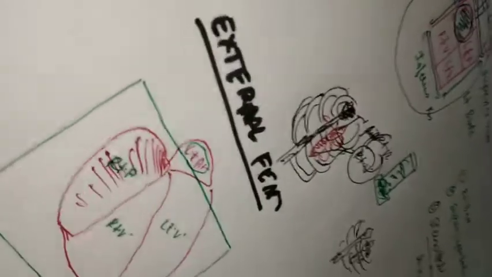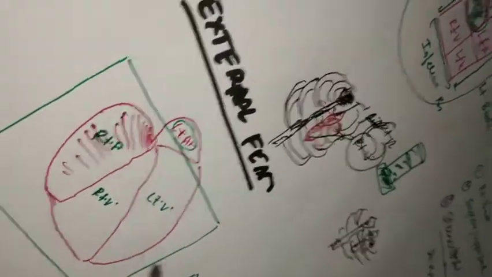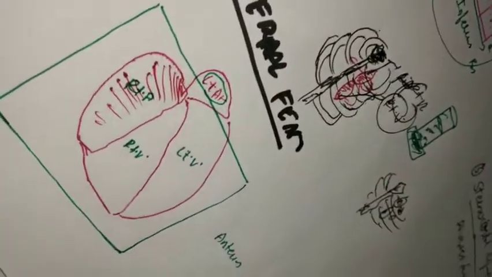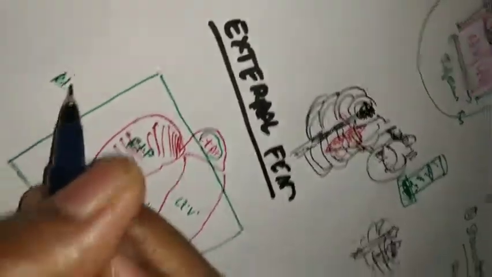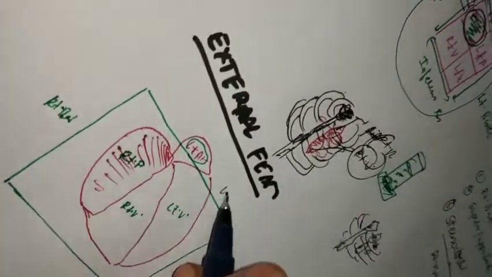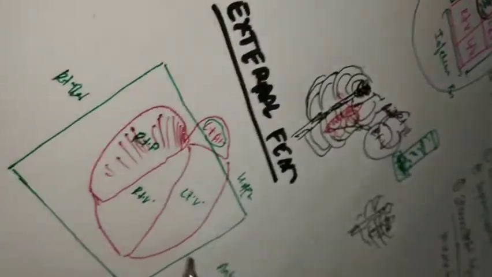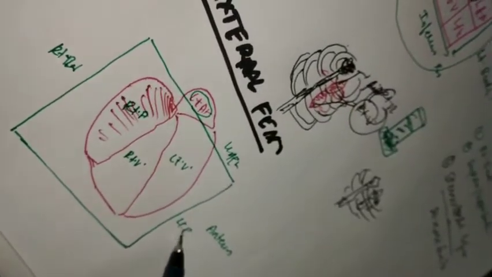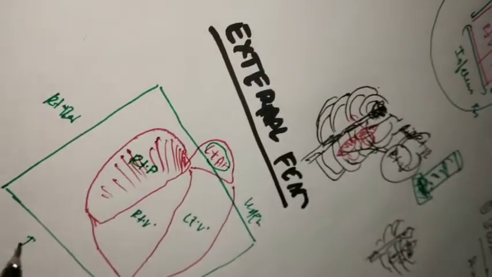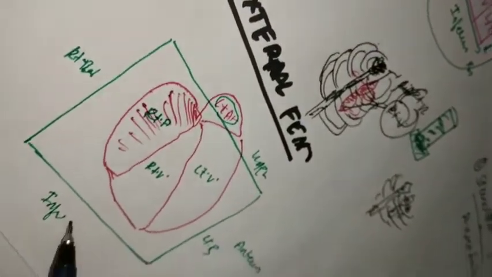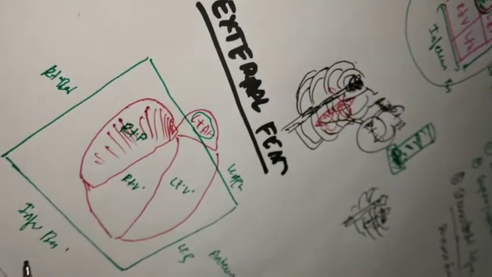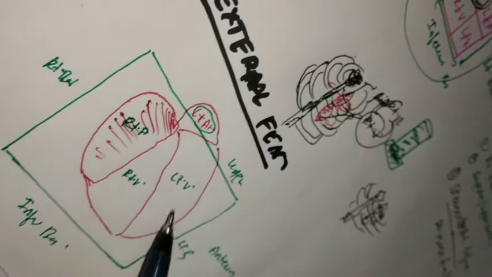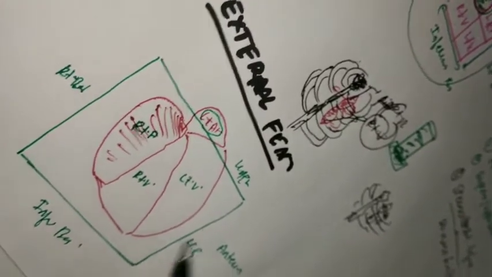Anteriorly, you can see most of the right atrium, your right ventricle, and part of the left ventricle. And as you can see, this is forming the right border, as I told you. This is your upper border, your left border, and your inferior or lower border. So you can see this right atrium is forming the inferior border.